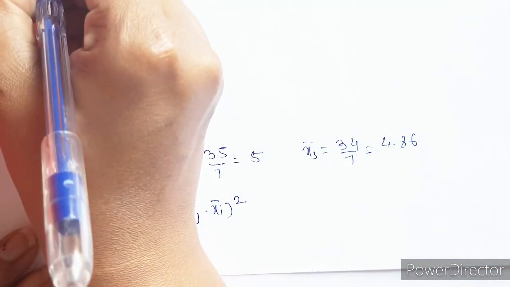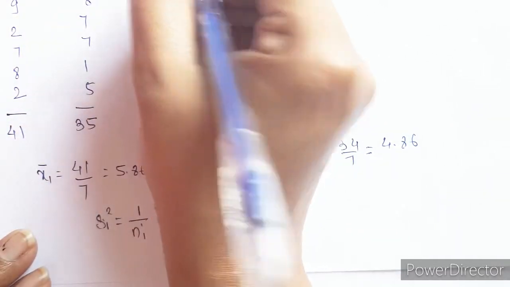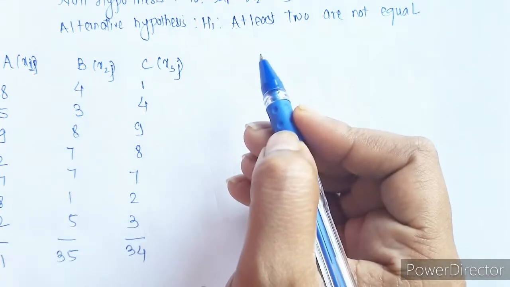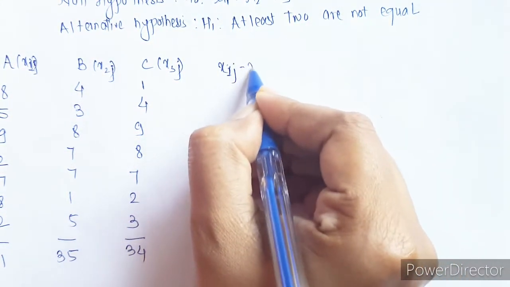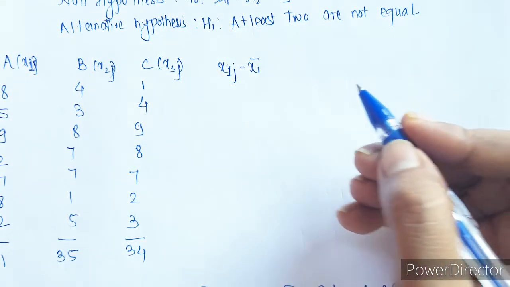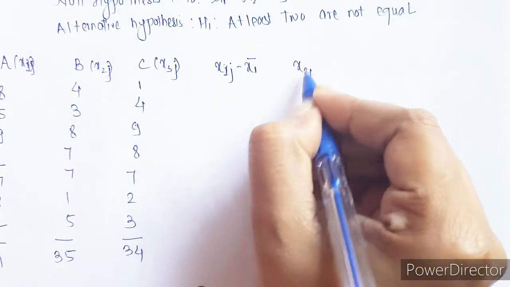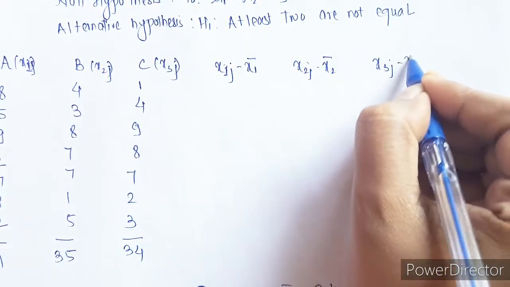So if this will be x1j, x2j, x3j. Here x1j, x2j and x3j. So first thing we need to calculate x1j minus x1 bar. Okay, and then take square of each of this. Next will be x2j minus x2 bar, then x3j minus x3 bar.